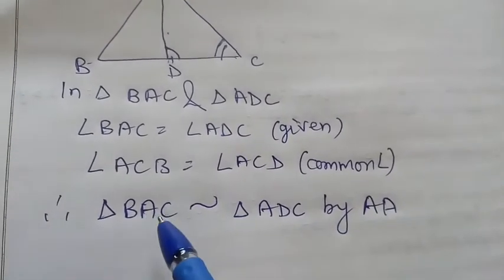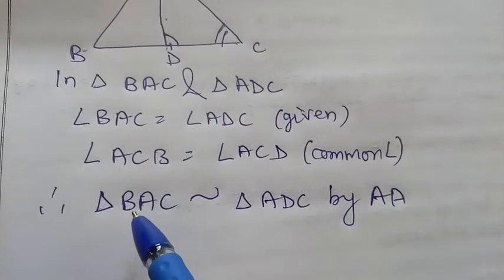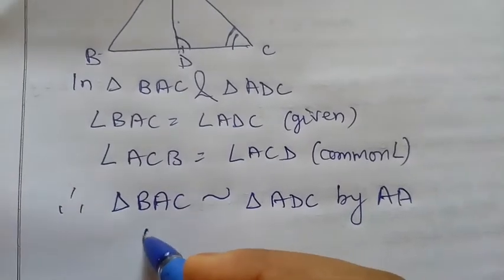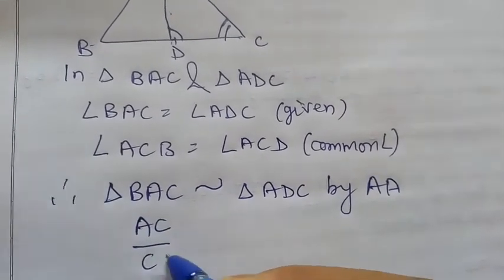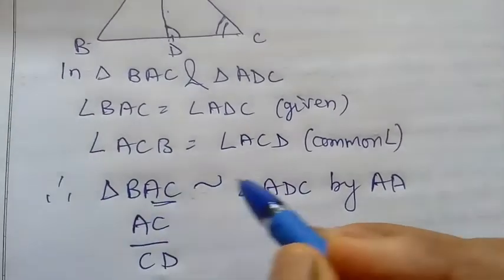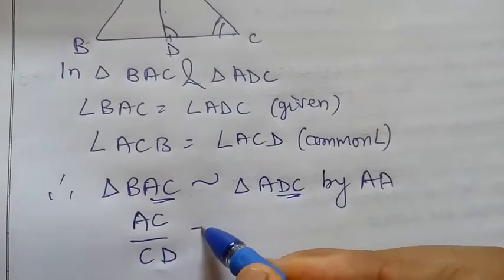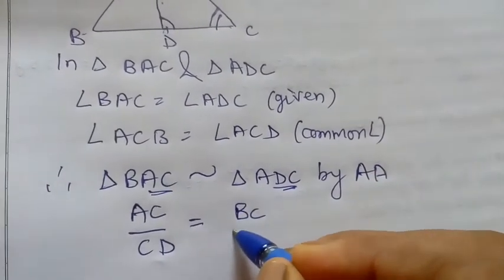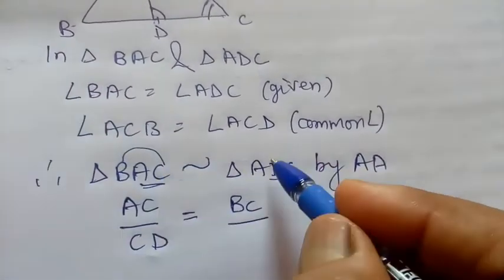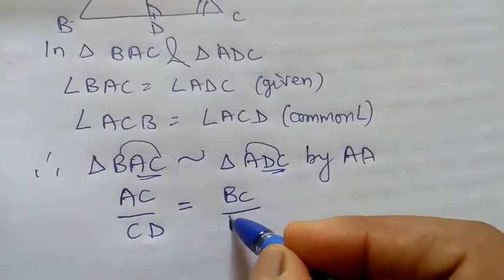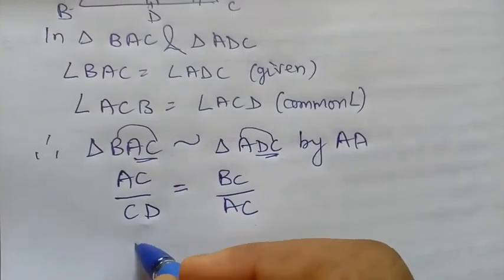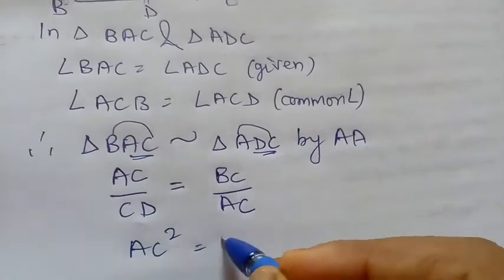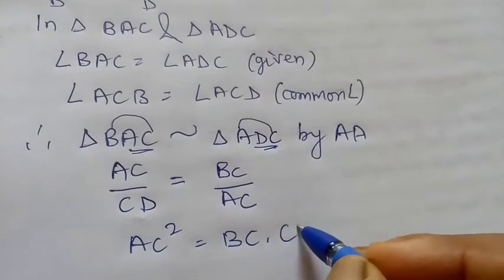Next, if they are similar, the sides are proportional. AC upon CD equals BC upon AC. Cross multiplying, AC square equals BC dot CD.